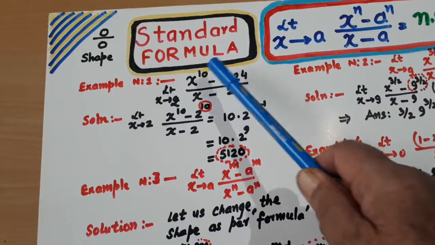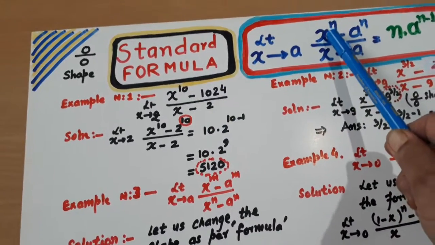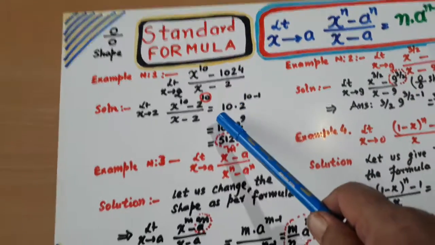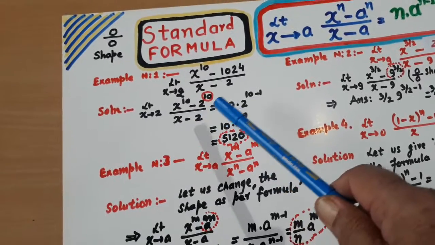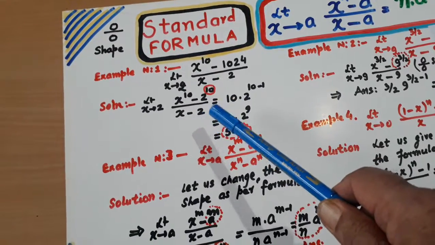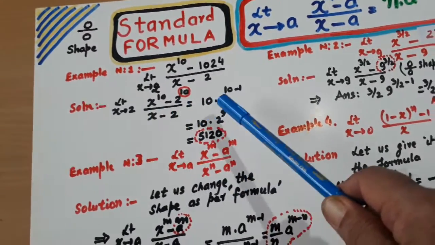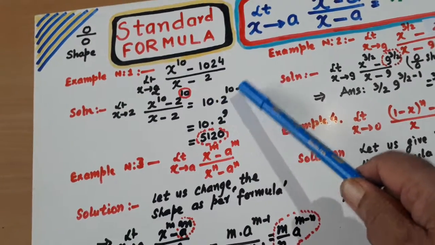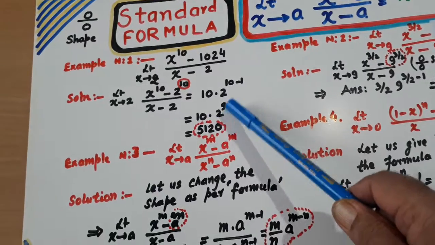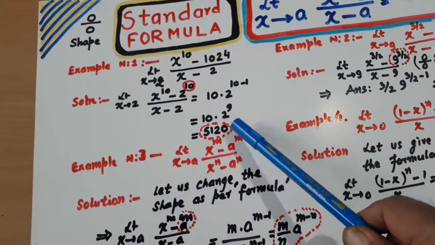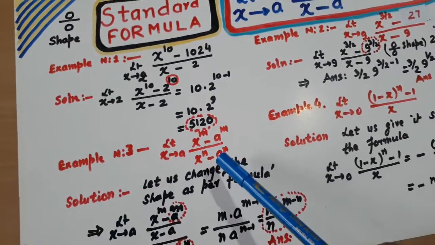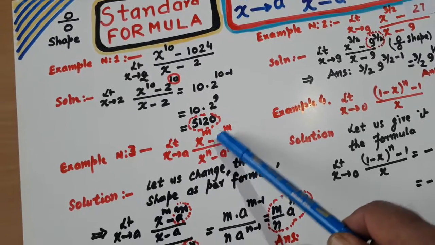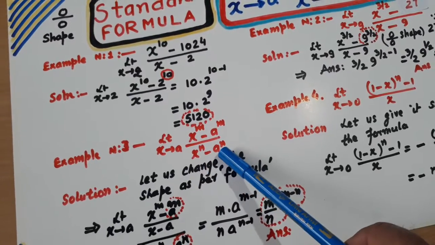Whatever power is written here, the same power goes here. So it is x raised to power 10 minus 2 raised to power 10 over x minus 2, limit x goes to 2. Bring 10 down, reduce the power by one: 10 into 2 raised to power 9. Answer is 5120.